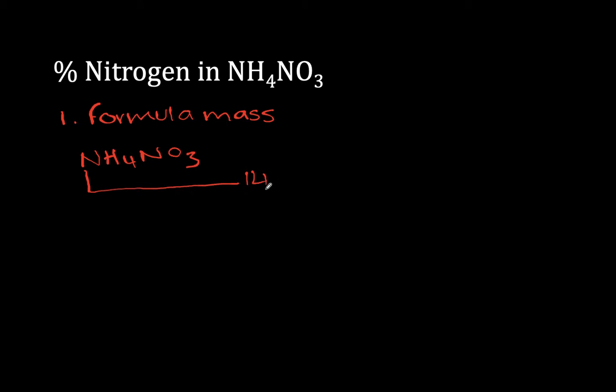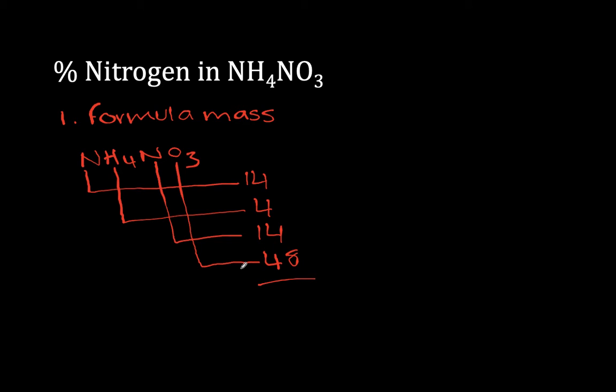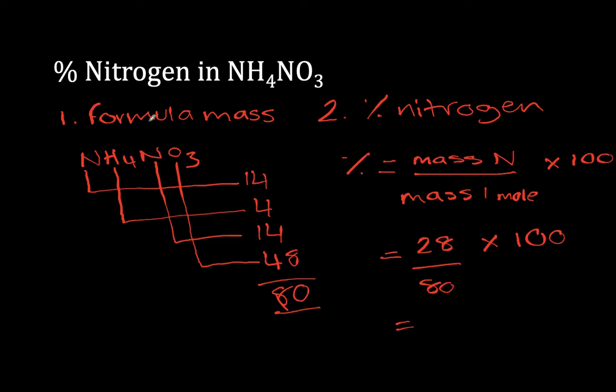This would be 14, 4, 14 again, and 3 times 16 is 48. That gives us a grand total of, and we get 35%. So the percentage of nitrogen in ammonium nitrate is 35%.